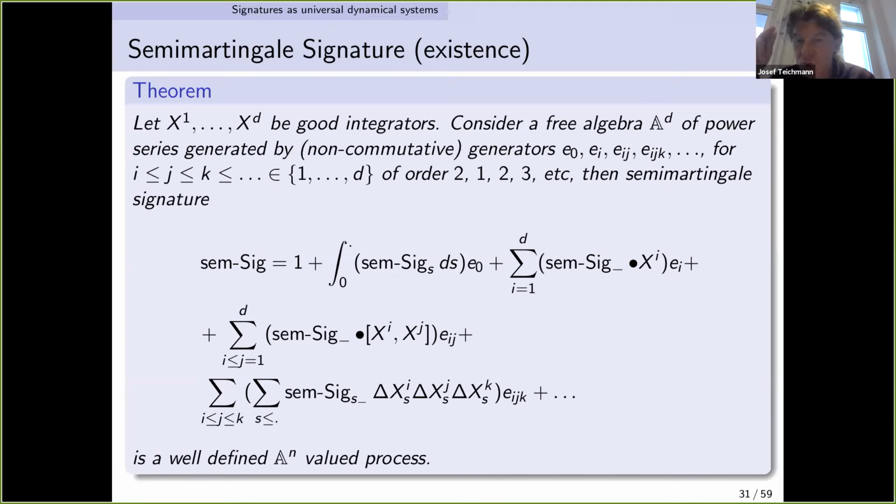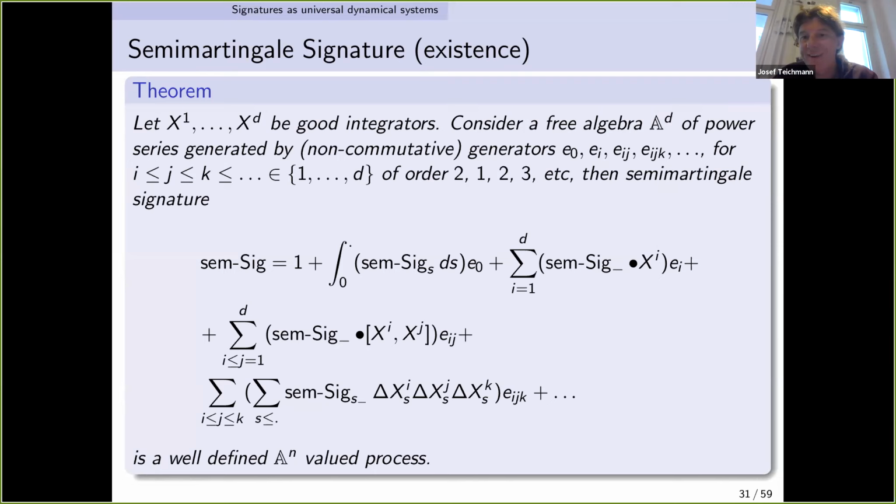The first one has order 2, the second one order 1, the third one order 2, and the fourth one order 3, and so on. Let me just stay with that, and I explain later why that is the case.